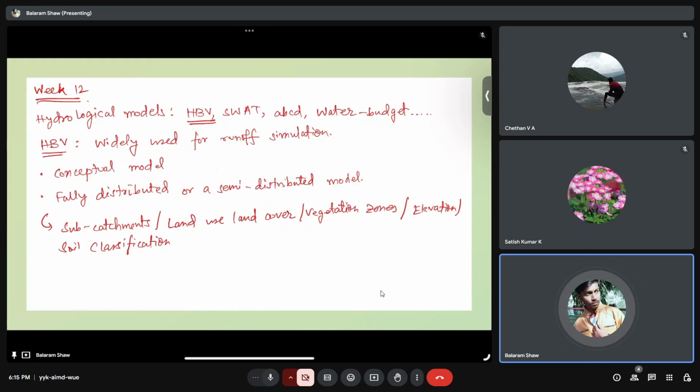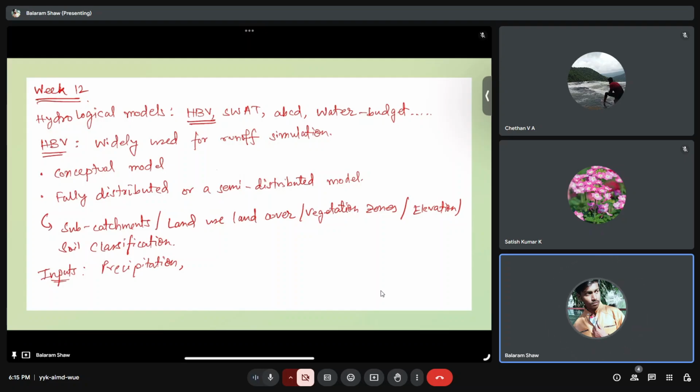What are the inputs that we need in this? Meteorological inputs are precipitation. And remember, precipitation is not only the rainfall that we receive in the form of liquid water, but also the snow or ice that we receive. So precipitation will cover rainfall, snowfall, and so on.